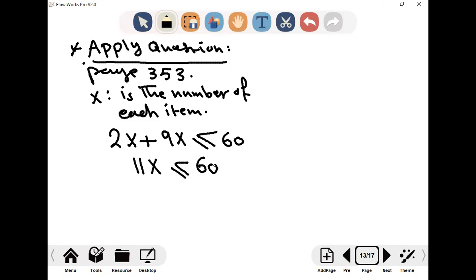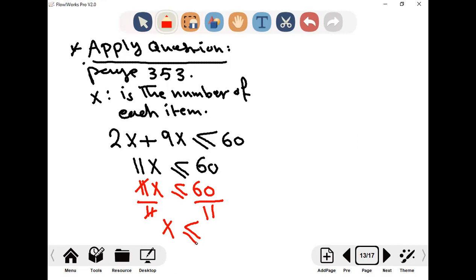So let's solve this inequality now. 11x less than or equal to 60. Divide by 11 on both sides. x will be, focus now, less than or equal to 60 over 11. 5 point what?